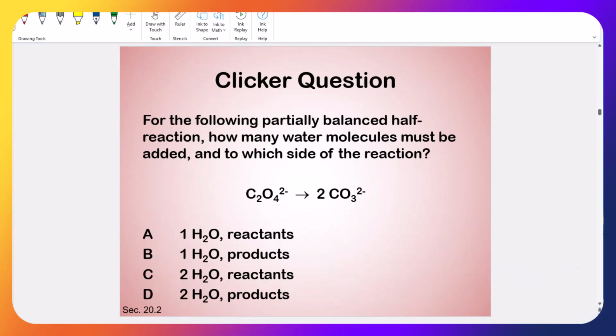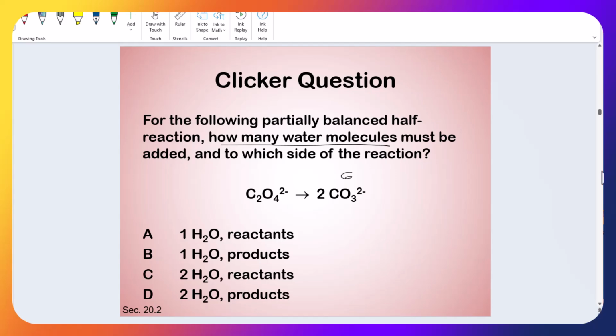Here's a quick little problem, clicker problem. For the following partially balanced half reaction, we're just going to balance oxygen by balancing with water. And the way we balance, we look at the number of oxygens on each side. I have 4 oxygens on the reactant side, 2 times 3.